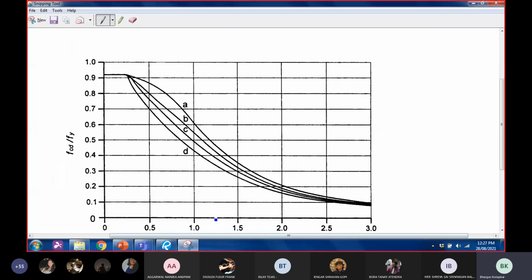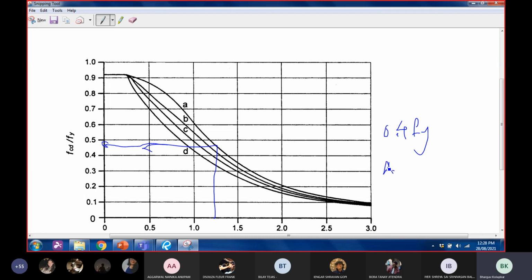So what we can do is, if we know what the slenderness ratio is and if we know the type of curve, say it's A, we only have to go here, right? We'll know this value, say 0.47 times Fy. This is my value of FCD.